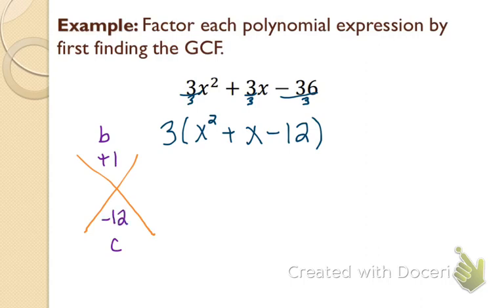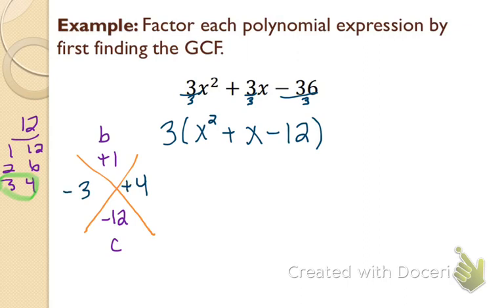I'm looking for the factors of 12: 1 and 12, 2 and 6, 3 and 4. The only ones that can give us a 1 are the 3 and the 4. So we're going to use 3 and 4. The only way these two numbers are going to give us a 1 is if one is positive and the other one is negative.